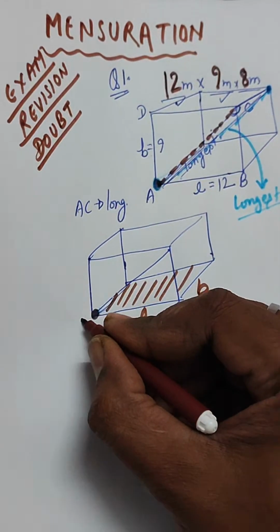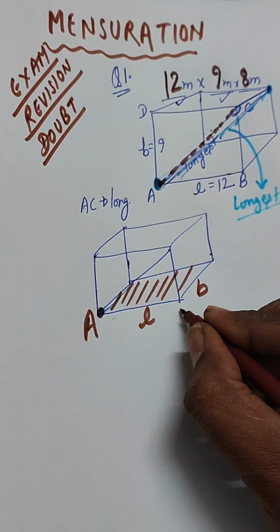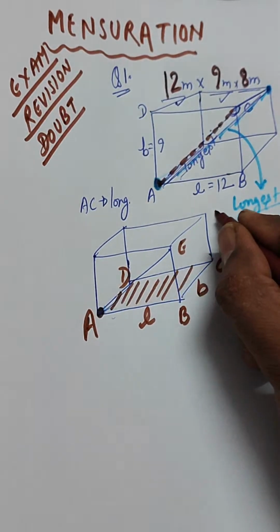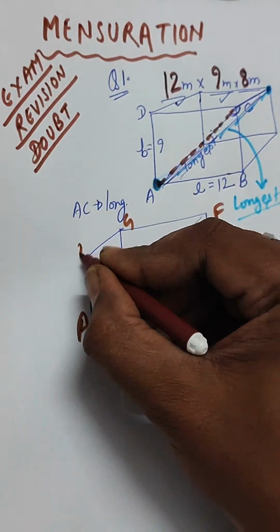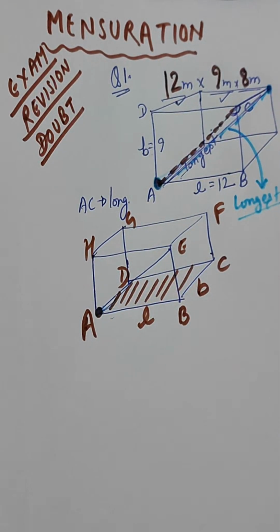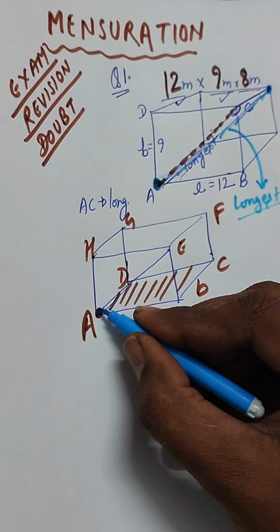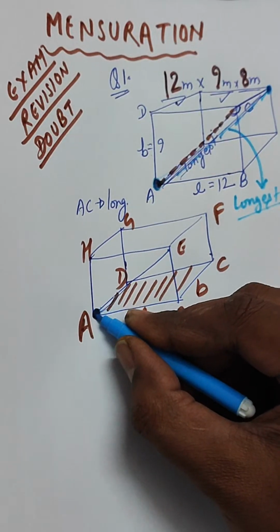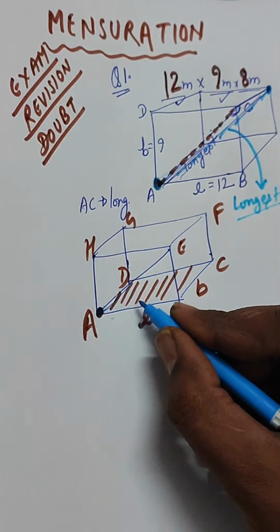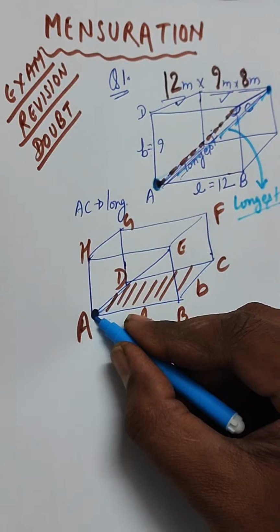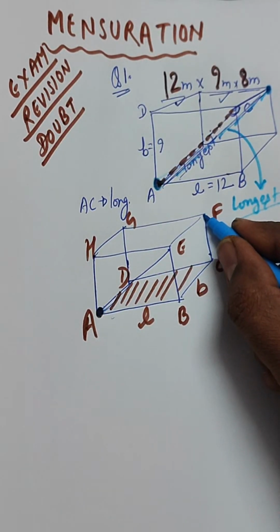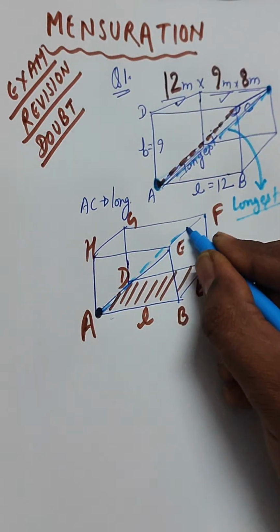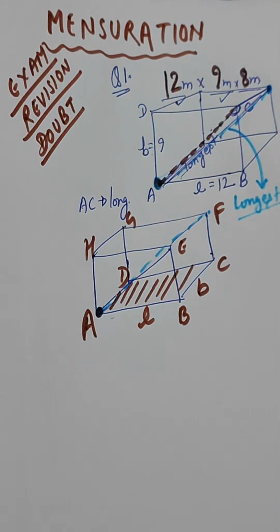So from this point A, A B C D, and here E, F, G, H, right? If this is the room, then we can say that the longest pole which can be placed inside it is starting from A, that means from the corner of the floor to the top of the ceiling. This is the longest diagonal which can be put into this room, right?